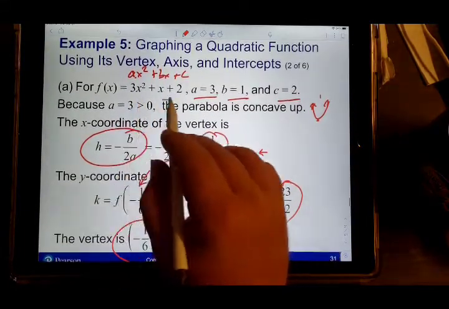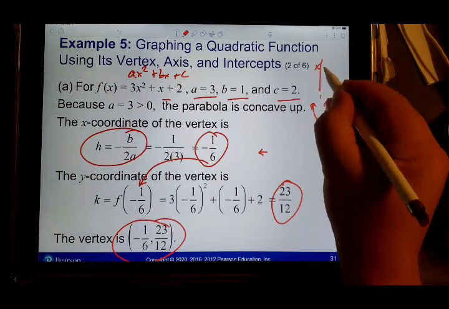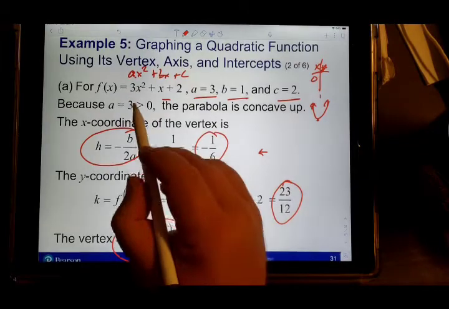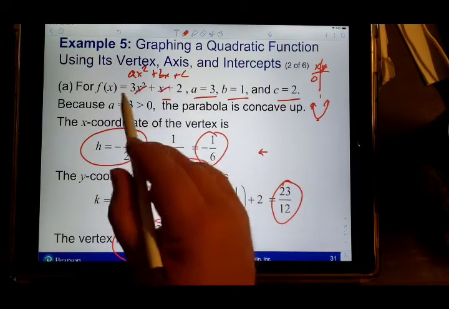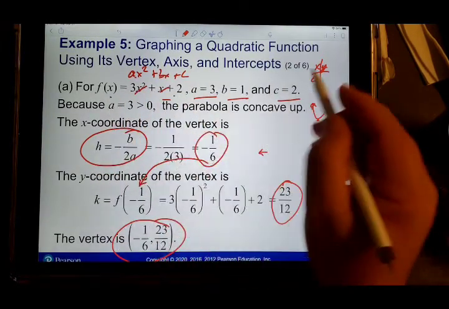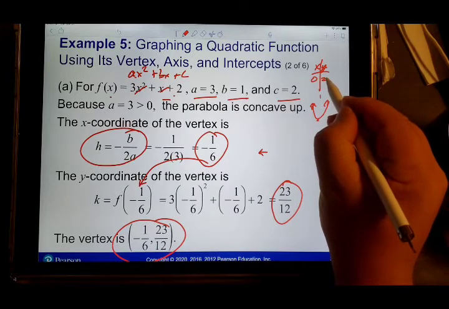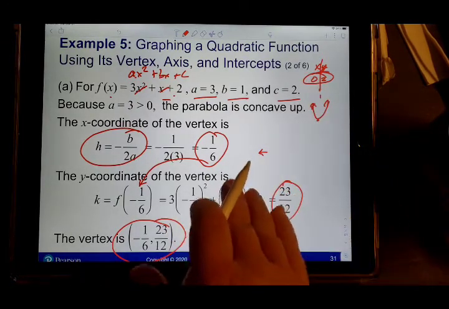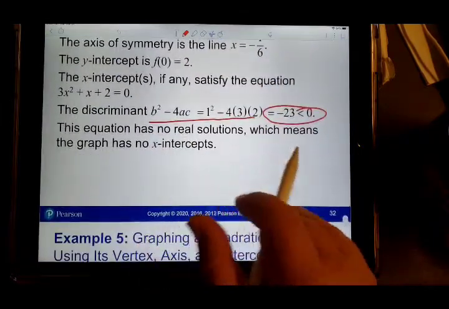In fact, I kind of knew that point was on this graph before I even started working on it. If x is 0, I'm going to get f of 0 is 2. So 0, 2. It's not the vertex. It's very close to the vertex, but it's the y-intercept. So it's a very easy point to calculate.